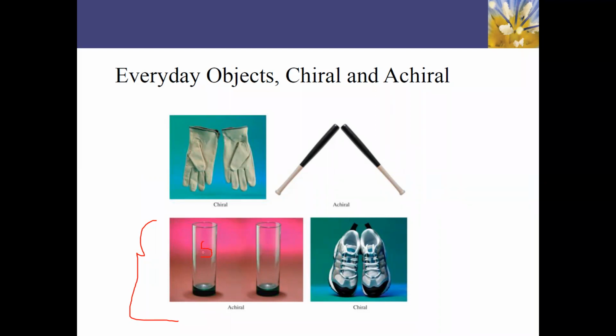Of course not, because that alphabet will be in mirror image in the glass, and then if something is written on this glass, we will say that it's chiral. But if nothing is written on this glass, we'll say that it is achiral.